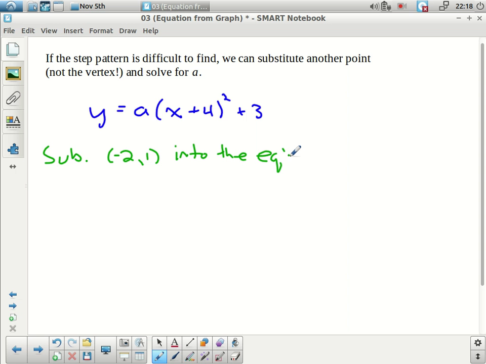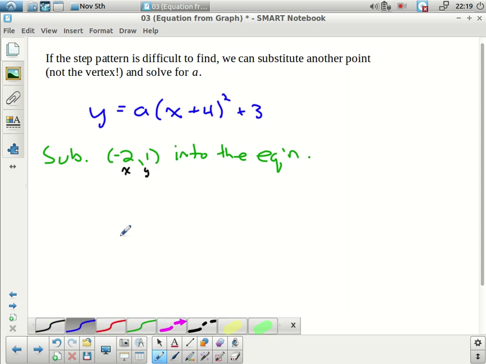Okay, and I'm using some short forms here because it's really hard to write with this mouse. So just before we substitute, as a little reminder, remember which coordinate comes first. This is my x coordinate in my point, and this is my y coordinate. So in this equation, the -2 goes in where I see x, and the 1 goes in where I see y.